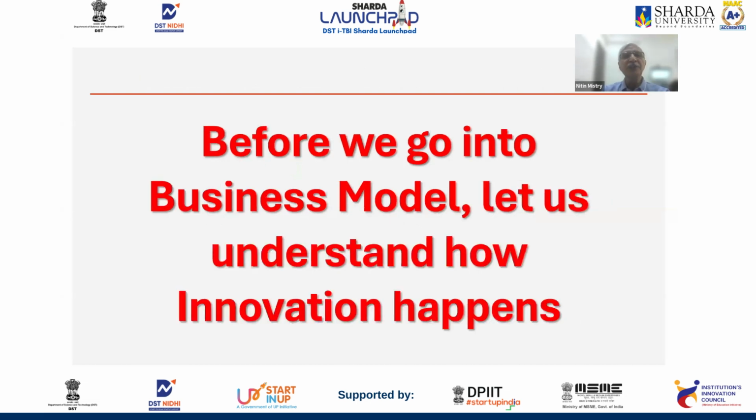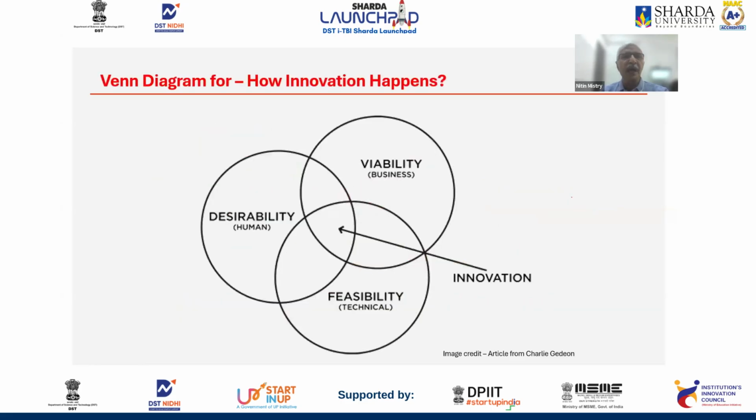Now, before we get into a business model, I want you to understand how innovation happens, right? Let's see how innovation happens. Everybody must be familiar with the Venn diagram. I think somewhere or the other in colleges and schools, you must have studied set theory. This is a Venn diagram.